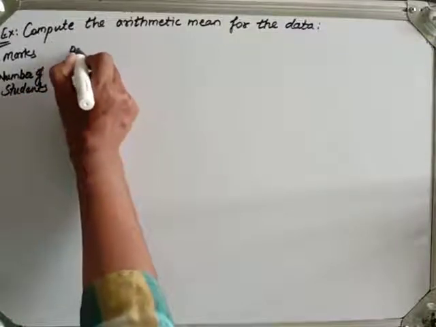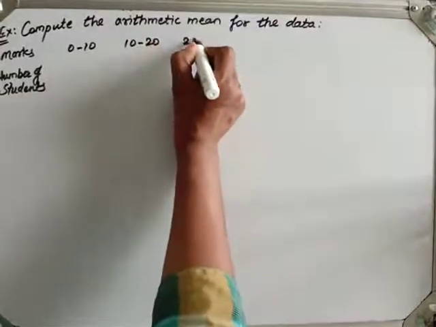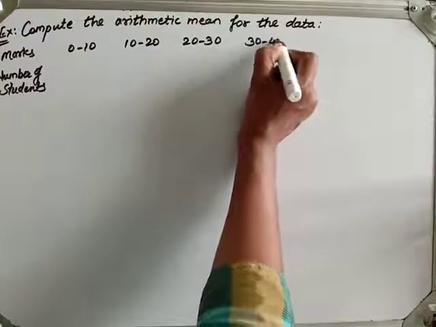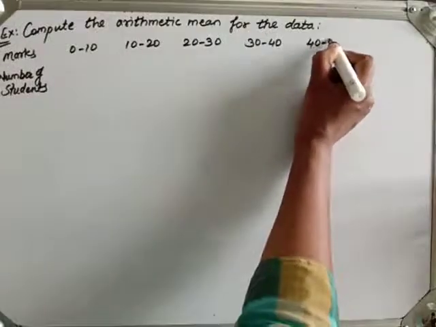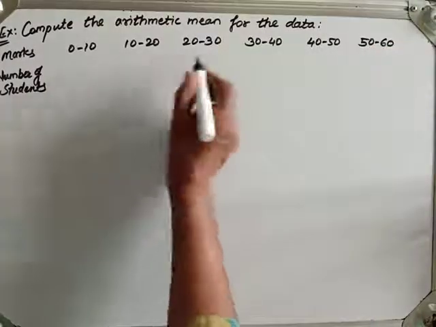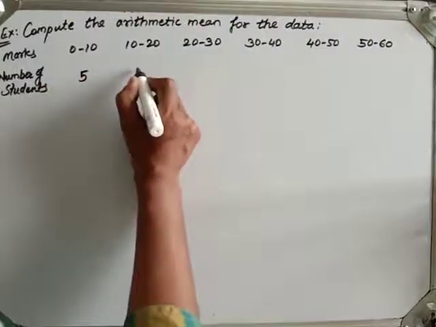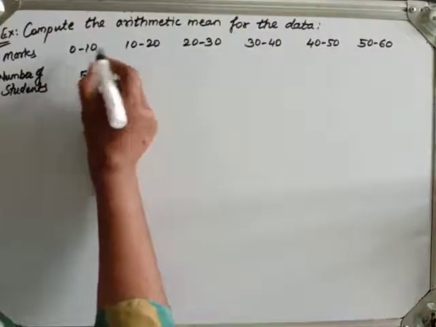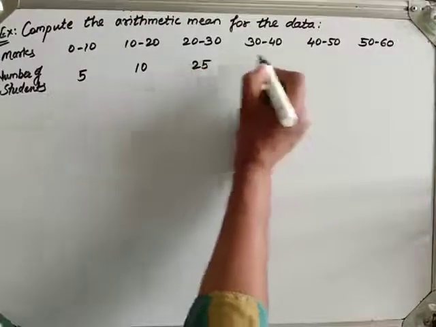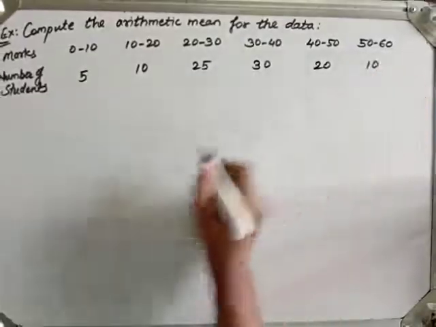Marks are, suppose, between 0 to 10, 10 to 20, 20 to 30, 30 to 40, 40 to 50 and 50 to 60. Corresponding frequencies are, suppose, 5 students got marks between 0 to 10, here 10, here 25, 30, 20 and 10.